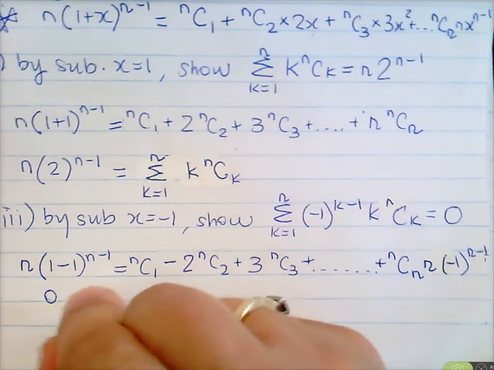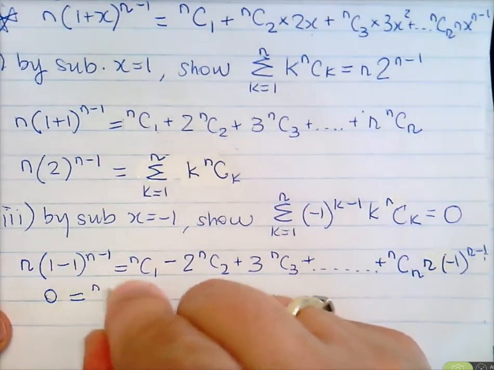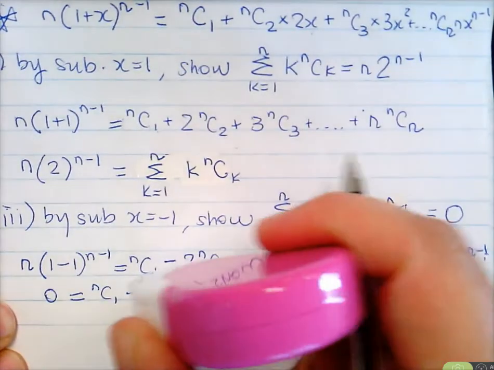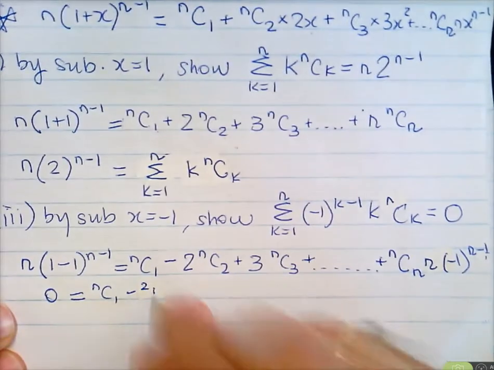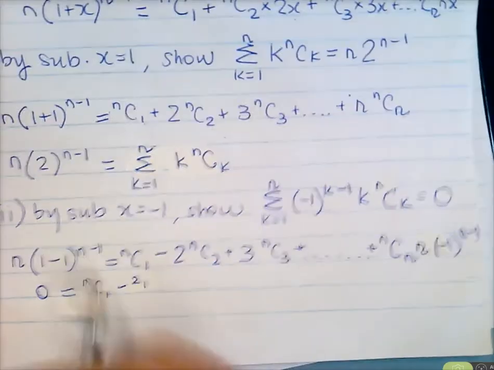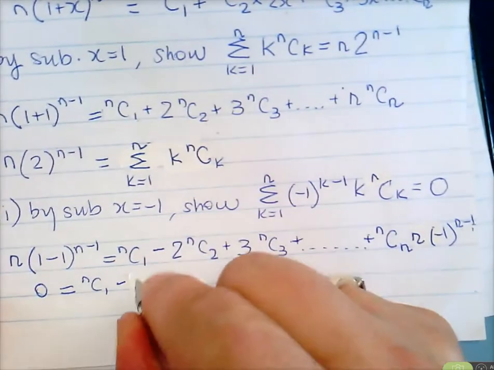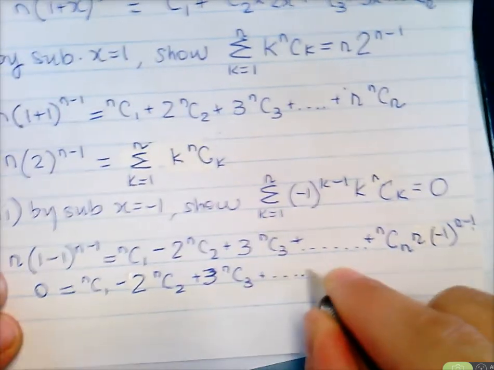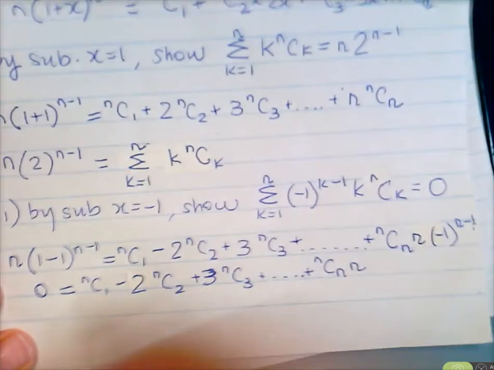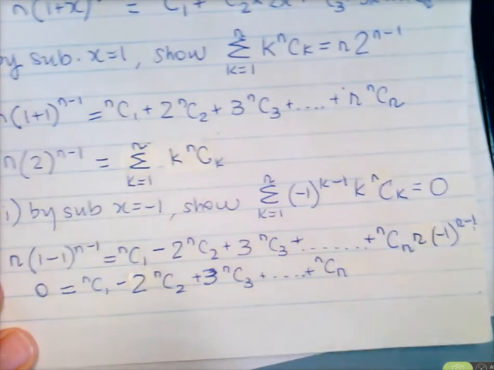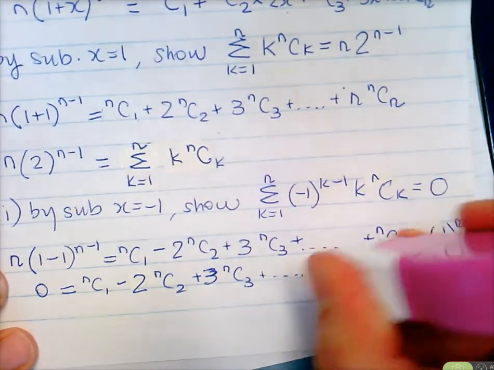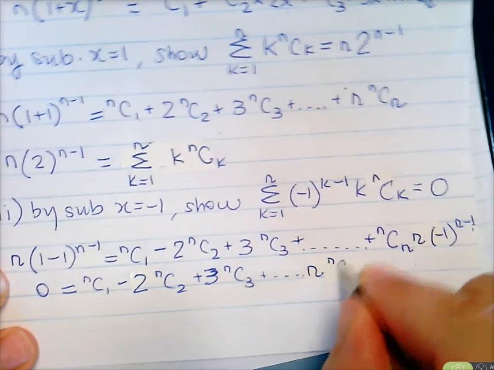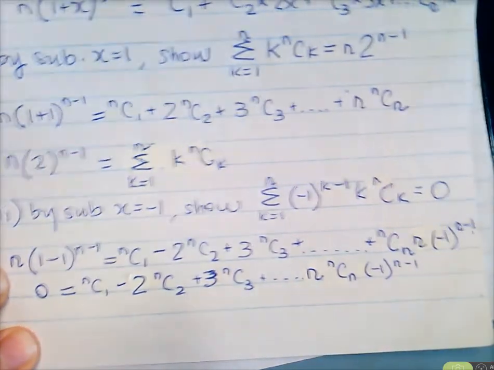So I've got 0 equals nC1 minus 2 times nC2 plus 3 times nC3 plus etc., up to n times nCn, negative 1 to the n minus 1.